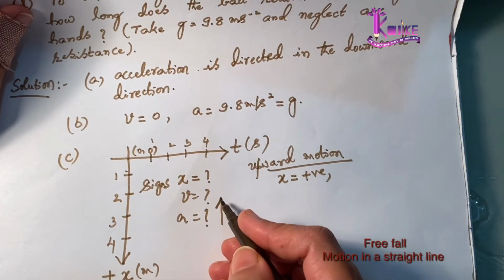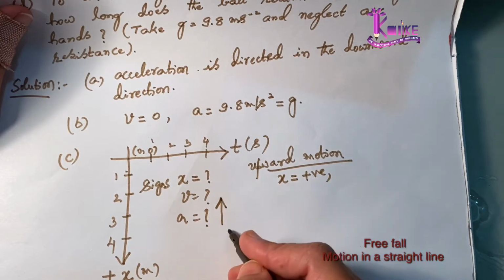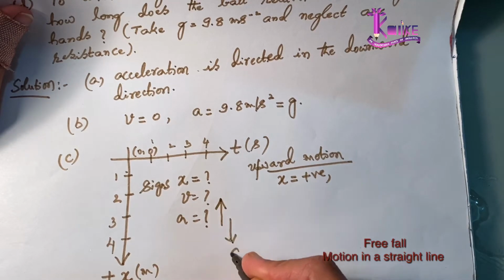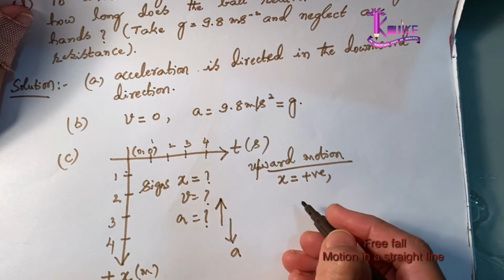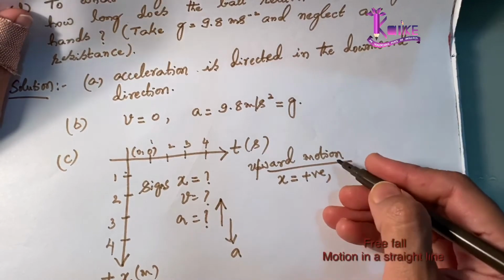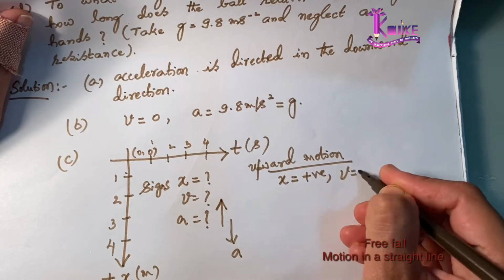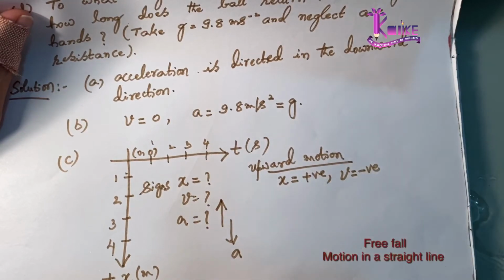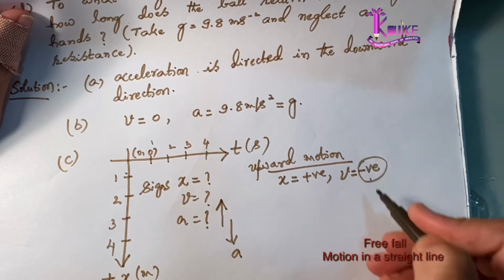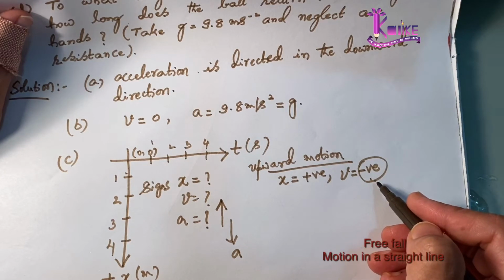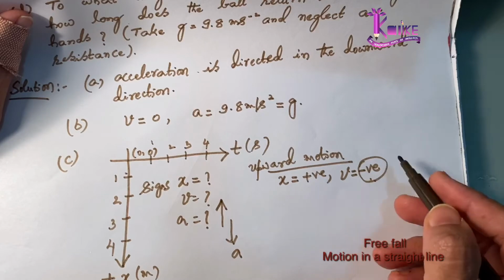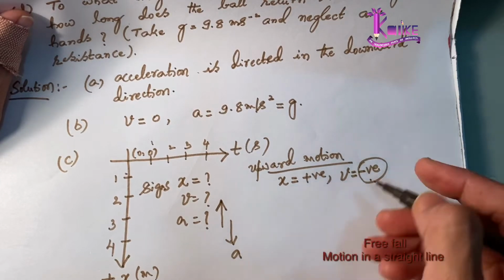What will happen to the velocity of the ball when it is moving in the upward direction? It is experiencing an acceleration in the downward direction, so the velocity has to decrease. Since the velocity decreases, we say that velocity will have a negative sign. What does this negative sign indicate? This only indicates that the velocity of the ball is decreasing in the upward direction and it is approaching 0, right.